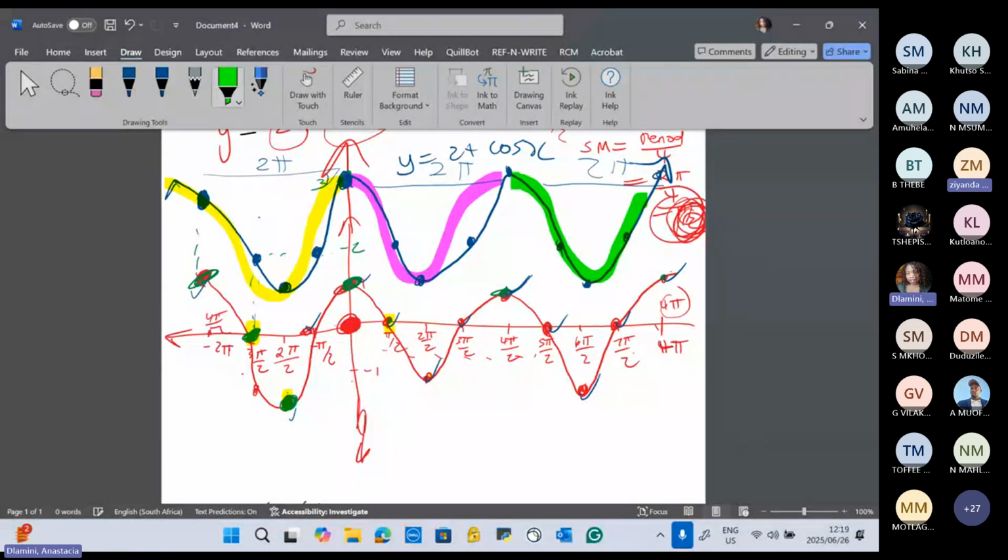I can also have a period from positive 2 pi to -2 pi. It's fine, because it means you'll have only these two.